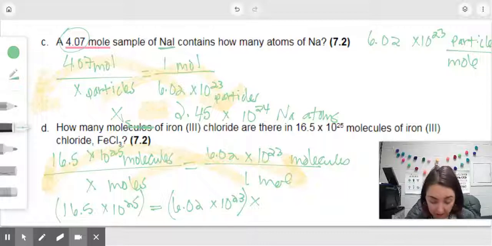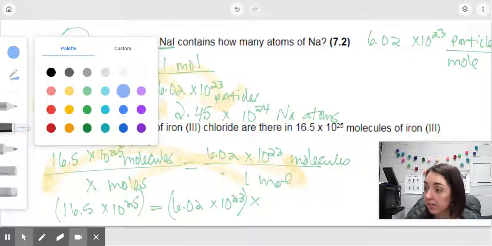You have to be smarter than your calculator, and you have to tell it the order of operations, because otherwise it's going to do 16.5 times 10 to the 25th divided by 6.02, and then it's going to multiply that by 10 to the 25th. But that's not the same thing, so put it in parentheses.